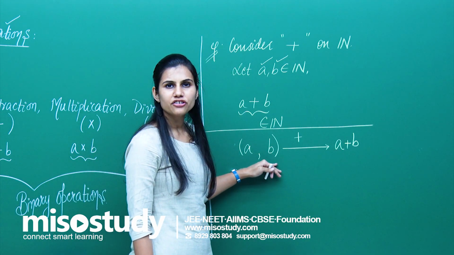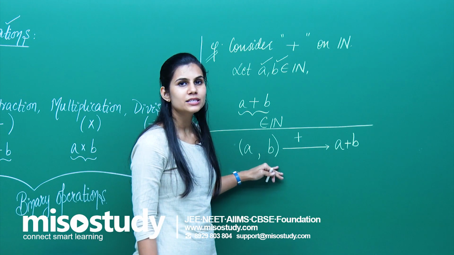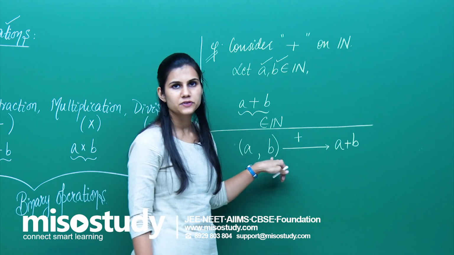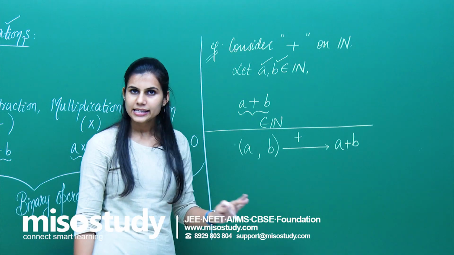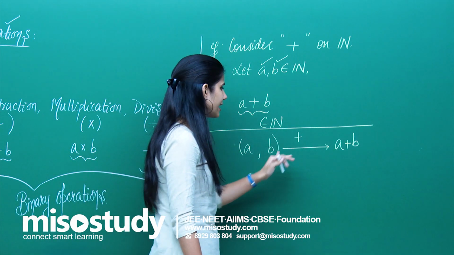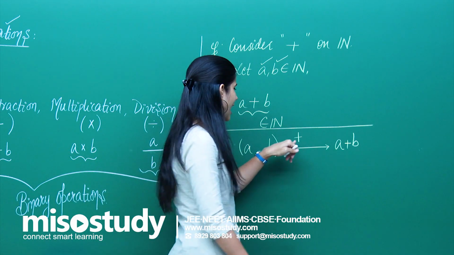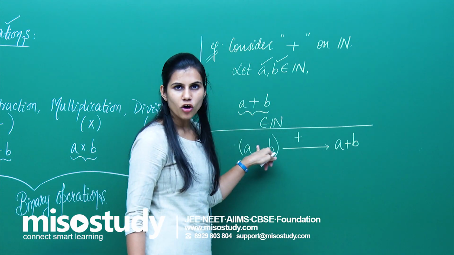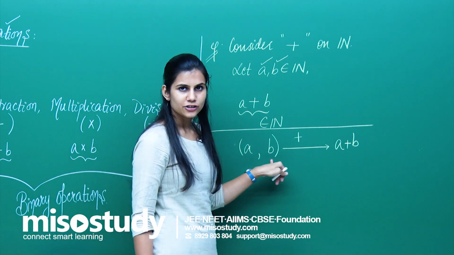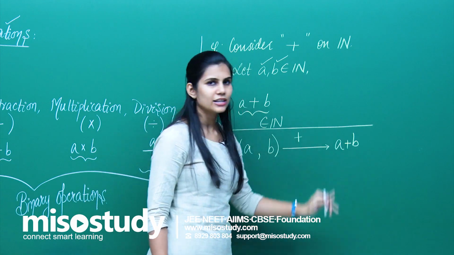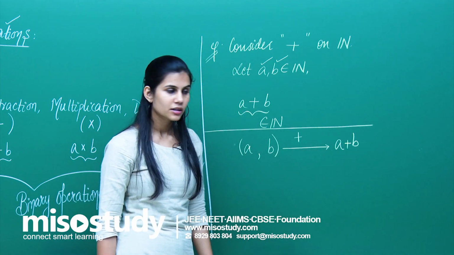It is just a representation of two natural numbers through this ordered pair having two components, first and second. Is that understood? So here I can say that this plus is acting on ordered pairs a comma b, where a and b are natural numbers, to give me a single natural number a plus b.